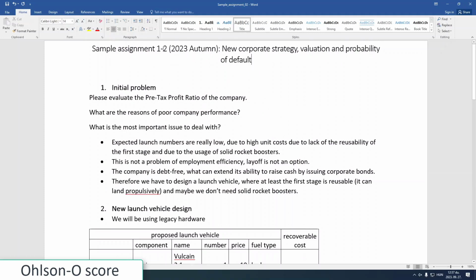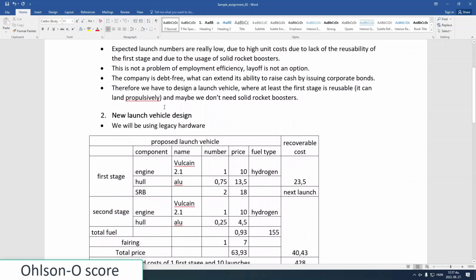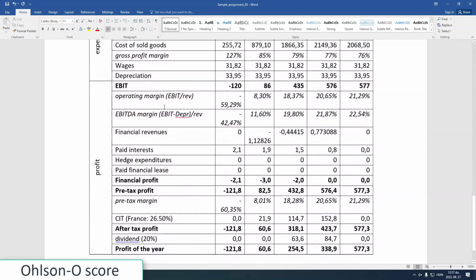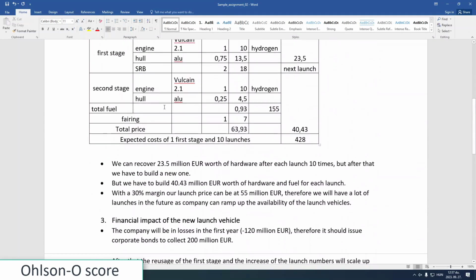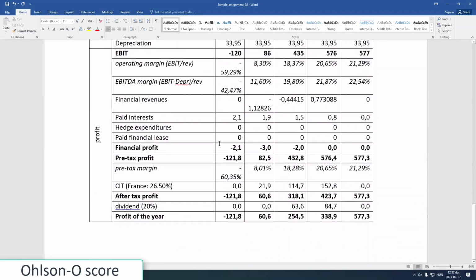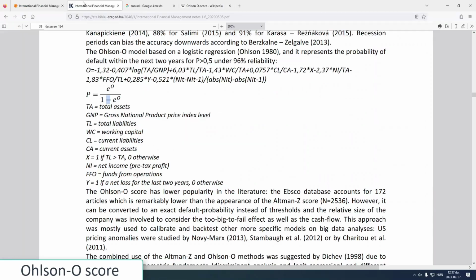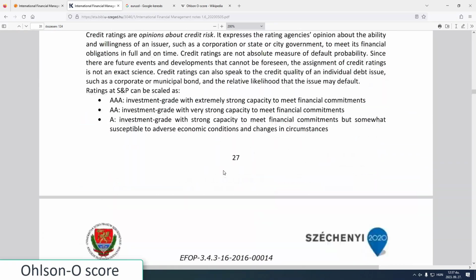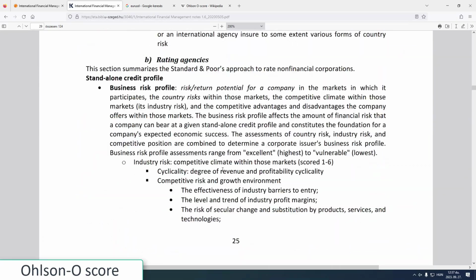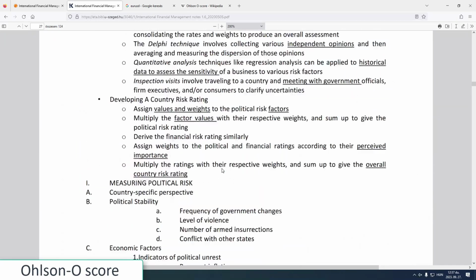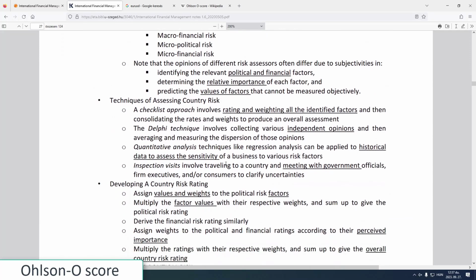I think it's much better to extend the first one because practically the initial problem is the same, and we just have to see what happens, because we can remember that the book said somewhere, techniques of assessing country risk.